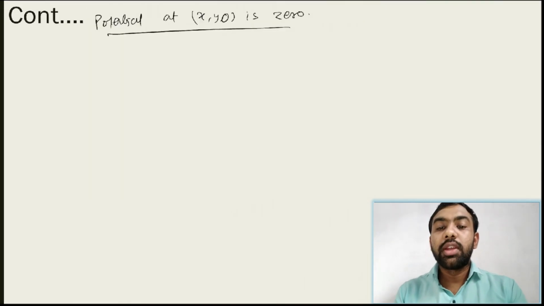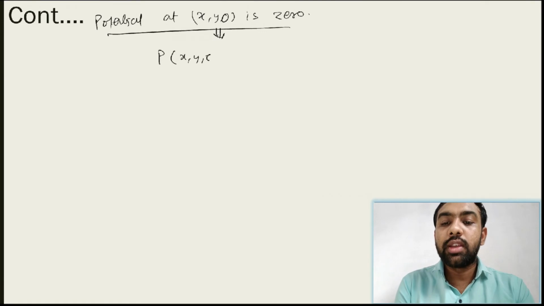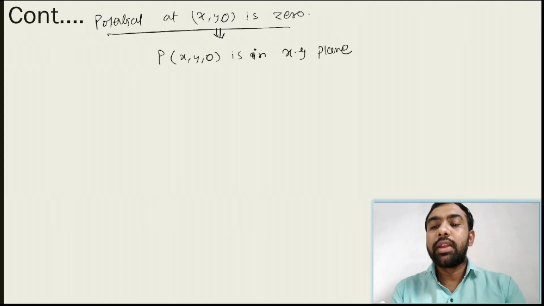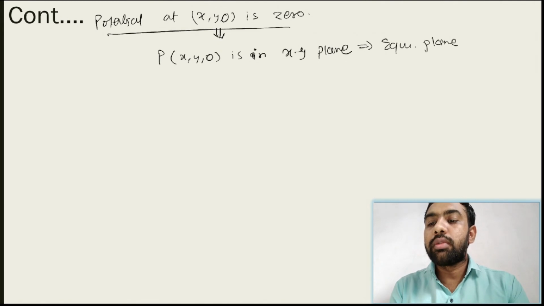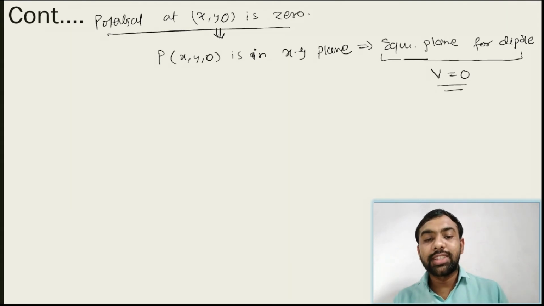This point xy0 is in the xy plane, and the xy plane is the equatorial plane for the dipole. And always on the equatorial plane, what is the potential? As we discussed in the previous session, 0. On the equatorial plane, potential due to a dipole is always 0. So that is the first answer.